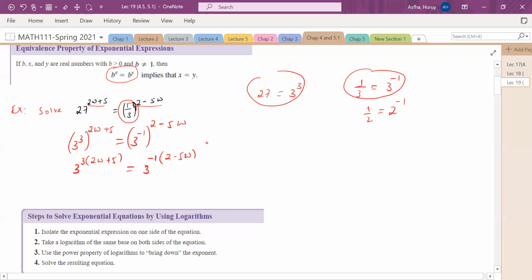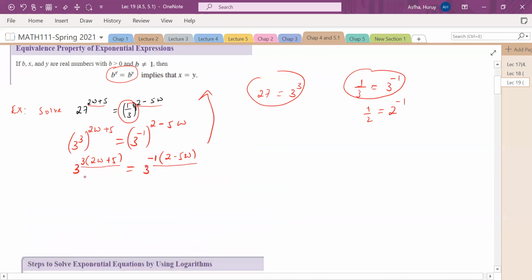So let's apply the property now. We have the same b, so this tells us that x and y are the same. In our case, x is this term and y is this term. Therefore, applying the equivalence property, 3 times (2w plus 5) equals -1 times (2 minus 5w).